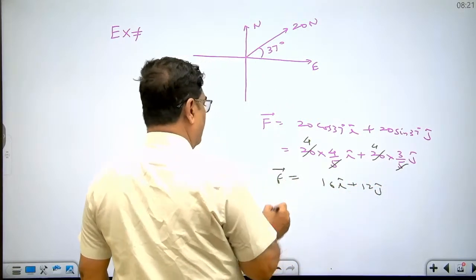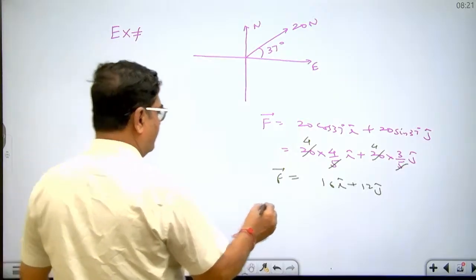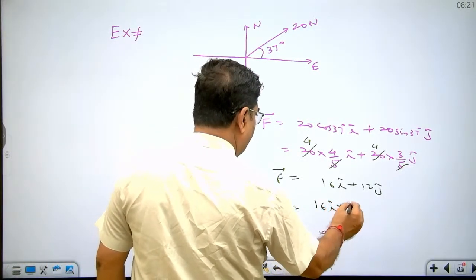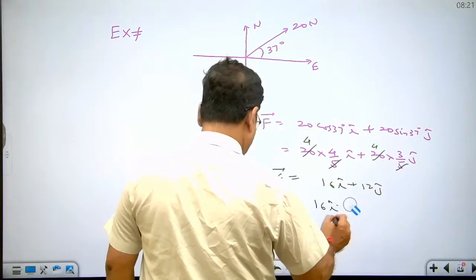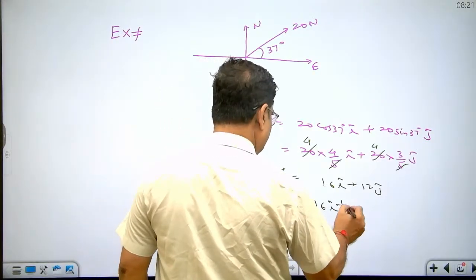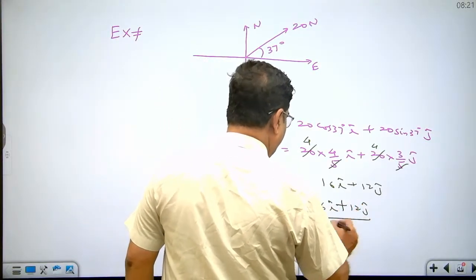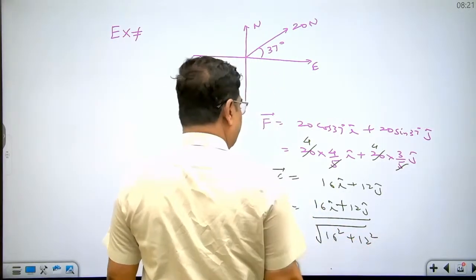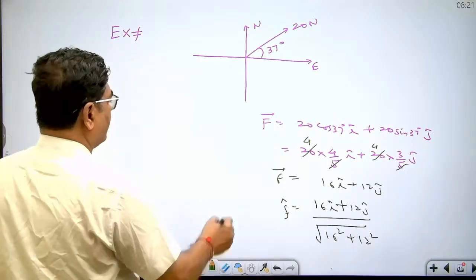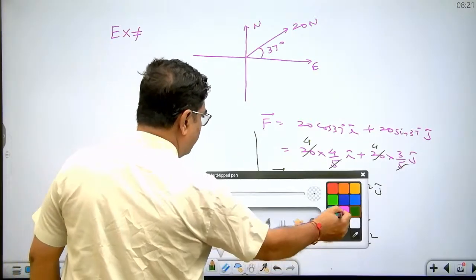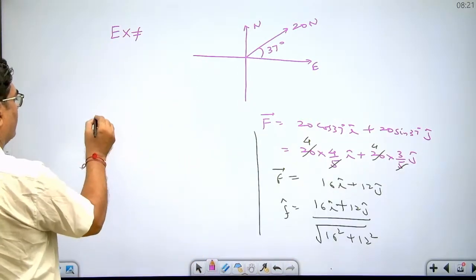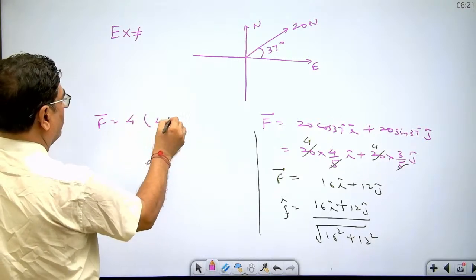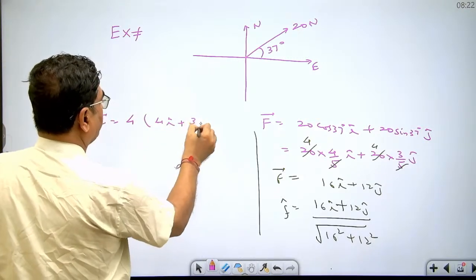Now let's see about the unit vector. What is the unit vector? This is 16 i cap plus 12 j cap divided by under root 16 square plus 12 square. Okay, or you can simplify the equation like this. Take 4 as LCM. Okay, so the force vector can be written as 4 times (4i cap plus 3j cap).